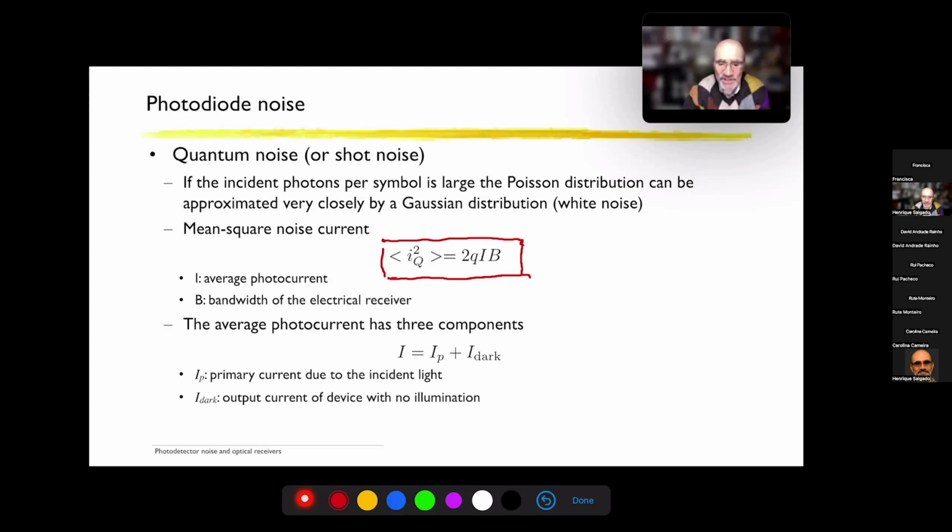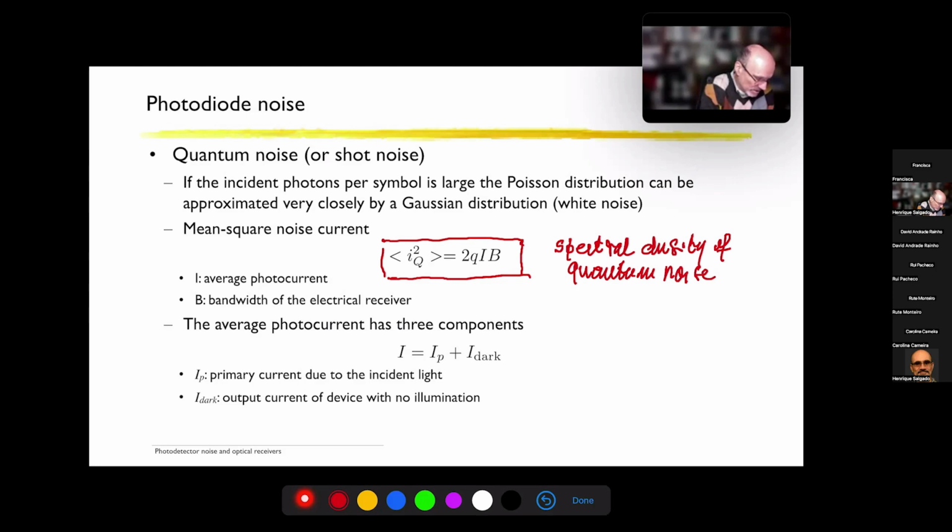And so this is equivalent of assuming a spectral density of quantum noise, which is the average power of the noise divided by the bandwidth, which is 2 times q, the electronic charge, times the average current, which is a constant value.